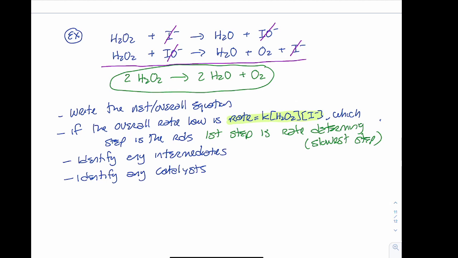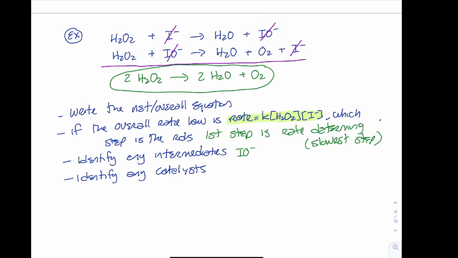All right, next question, identify any intermediates. Remember, intermediates are going to be species that we make first and then consume. So they're going to be a product and then a reactant. So in this case, IO minus. It was a product first, and then it was a reactant in the subsequent step. We produced it and then consumed it.